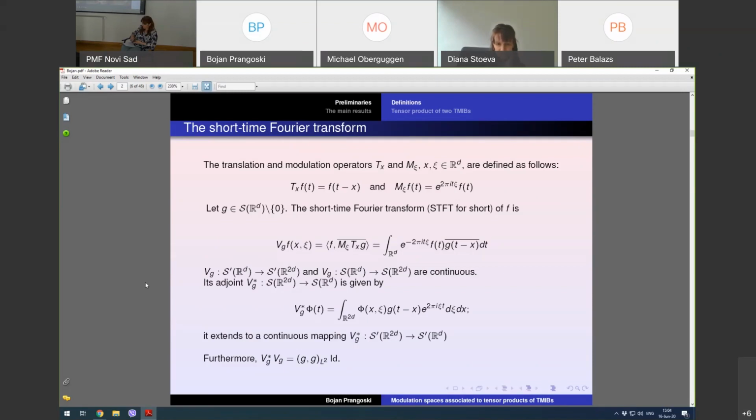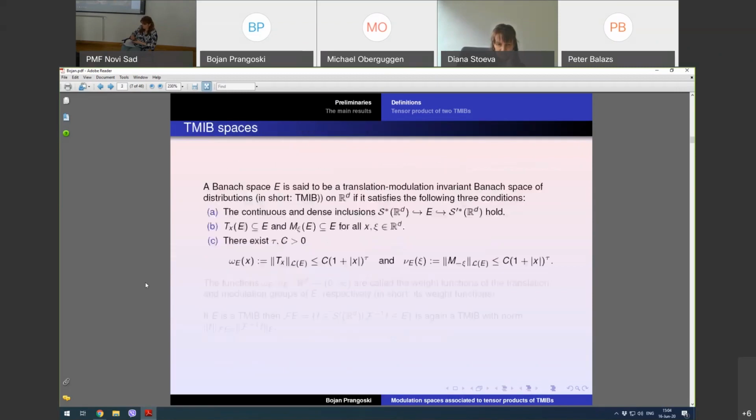Now, before I introduce the generalizations of the modulation spaces, I first have to recall the notion of a translation-modulation invariant Banach space of distributions. These are Banach spaces E which satisfy these three assumptions.